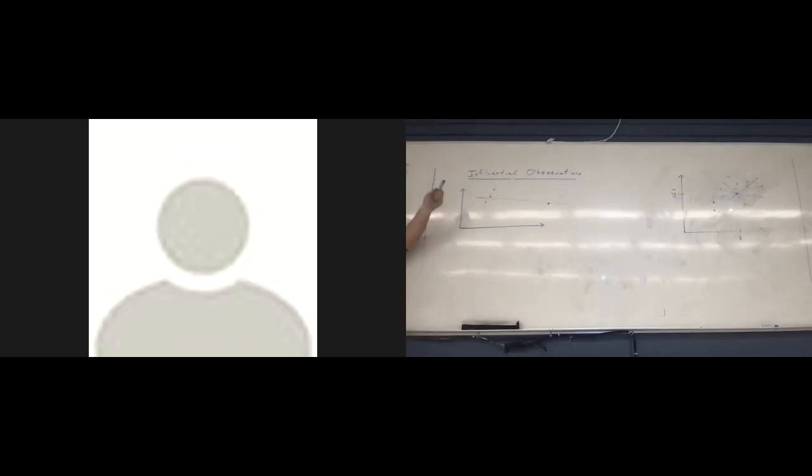It is an influential observation. Notice if I moved this dot here, my best fit line wouldn't change that much, right? This one was not an influential observation. So what is an influential observation?